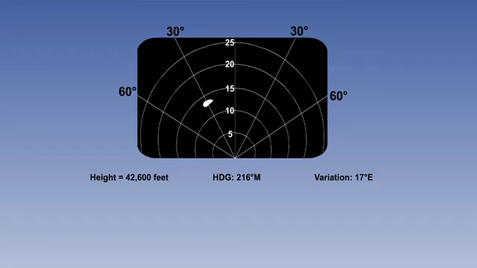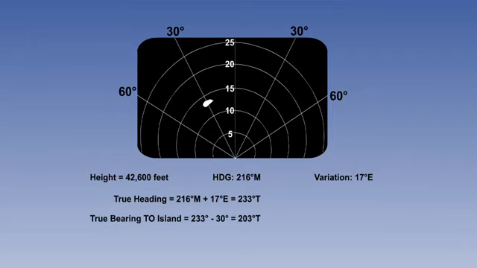Let's say that an aircraft is at a height of 42,600 feet on a magnetic heading of 216 degrees. Variation is 17 degrees east, so the aircraft is on a true heading of 233 degrees.